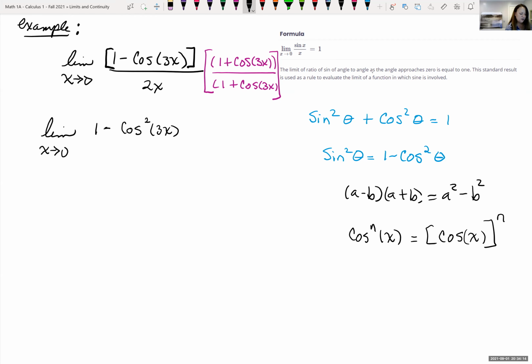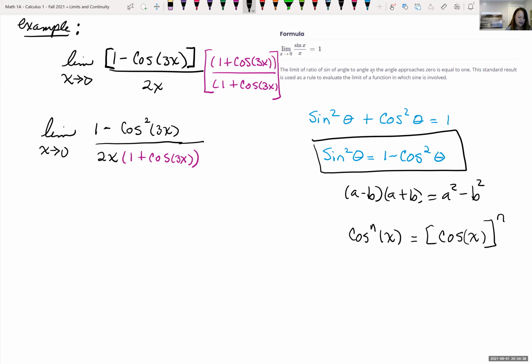Okay. And so this is all over 2x times 1 plus cosine of 3x. So this is where we're going to use this fact.